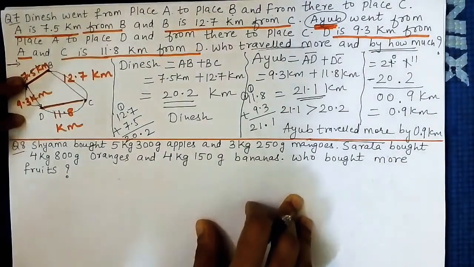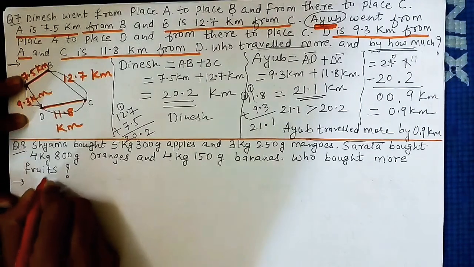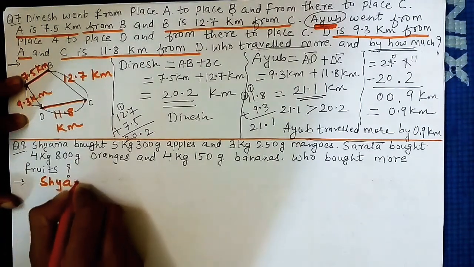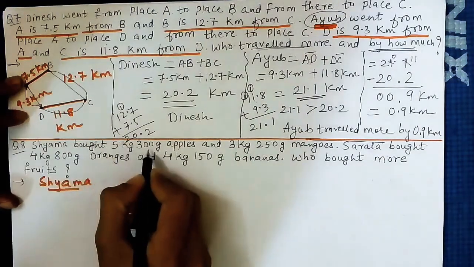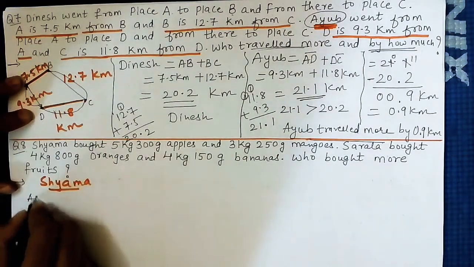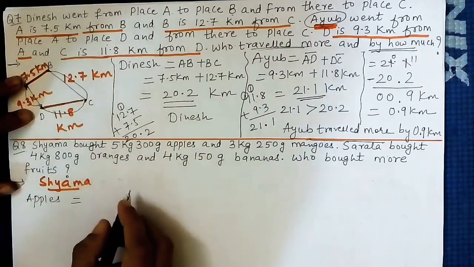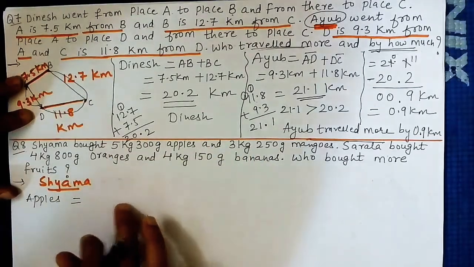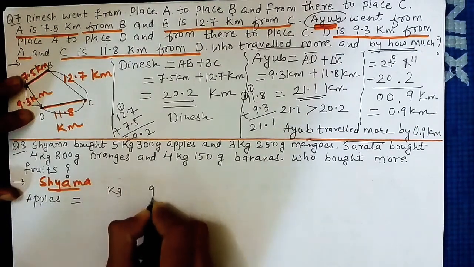So let us start. First we will find out of Shyama. So it is 5 kg 300 gram. She brought apples and that is 5 kg. You can add directly also or you can add in columns also. You can make columns of kilogram and gram.